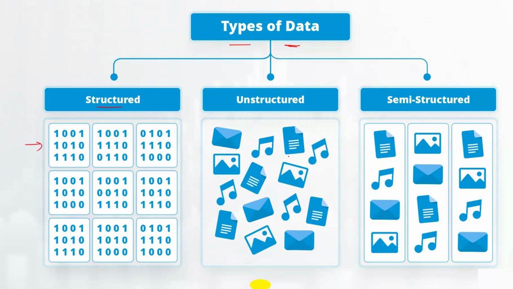Unstructured data does not have any schema, but semi-structured data has sort of entities. Let's say each column represents one entity. Each entity may have some differences in attributes, but at least some sort of formation is there. This is called semi-structured data, mostly XML and JSON format.